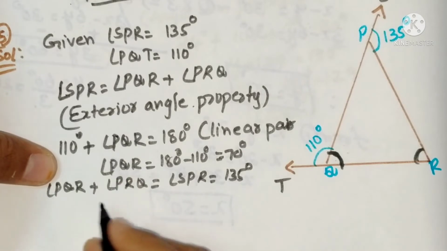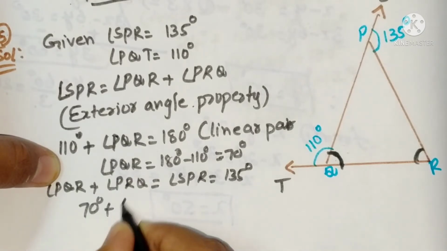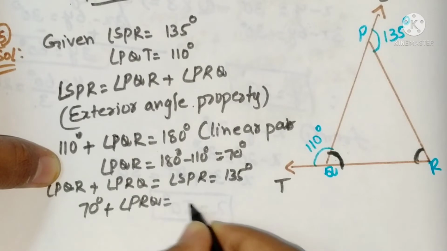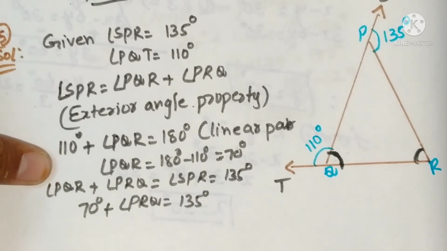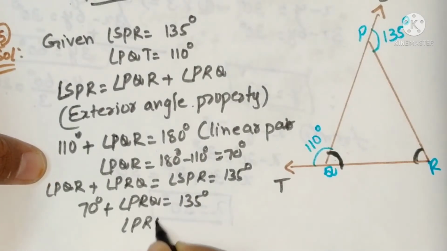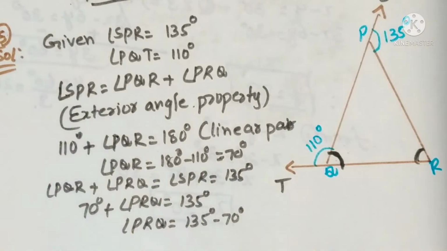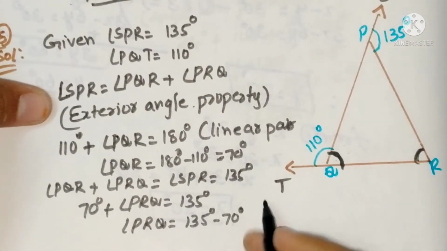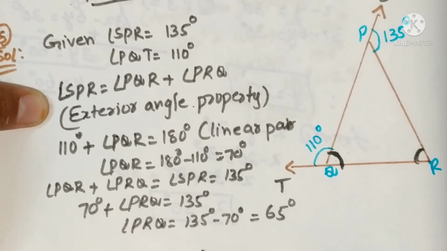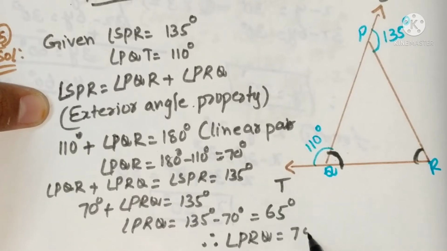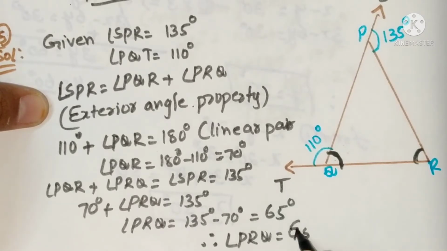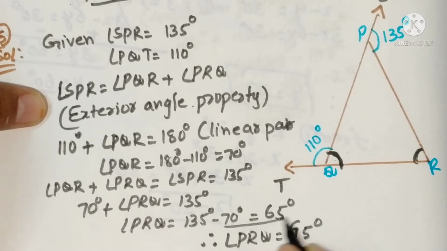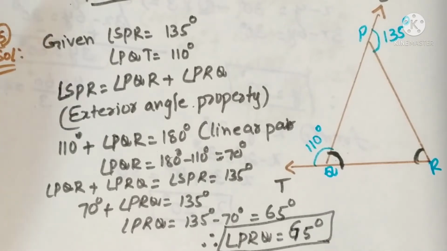Now we have angle PQR 70 plus angle PRQ equals 135 degrees. So angle PRQ is equal to 135 minus 70, that is 65 degrees. Okay, so this is 65.